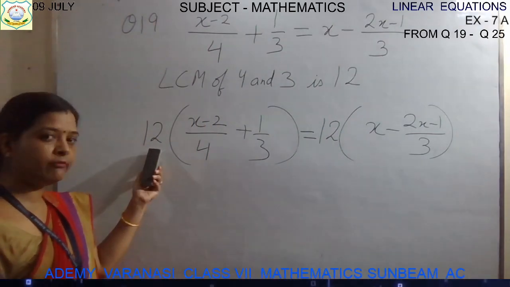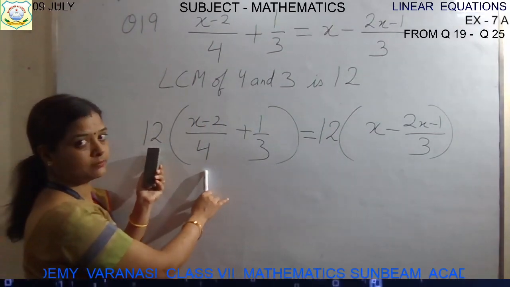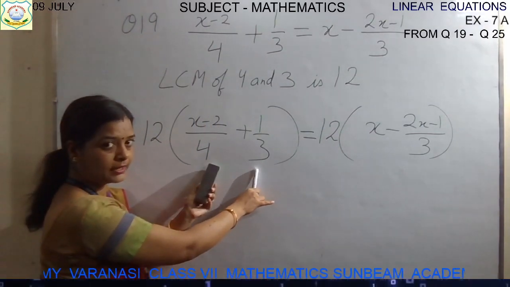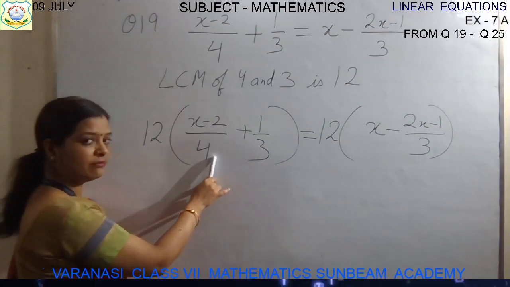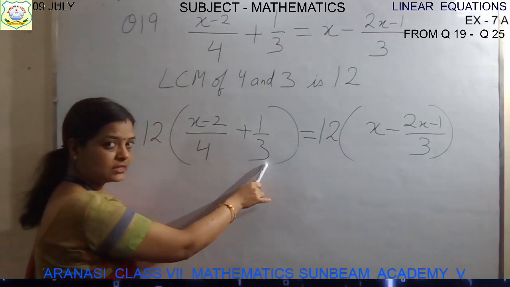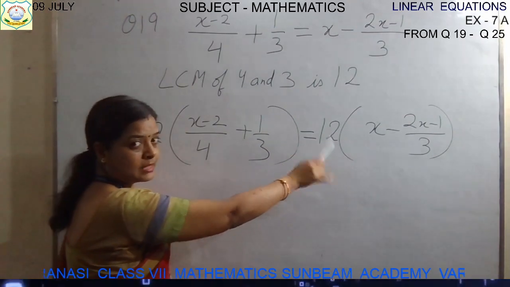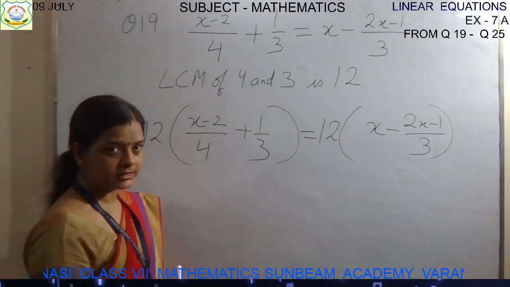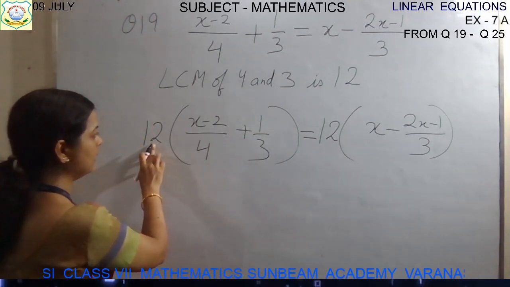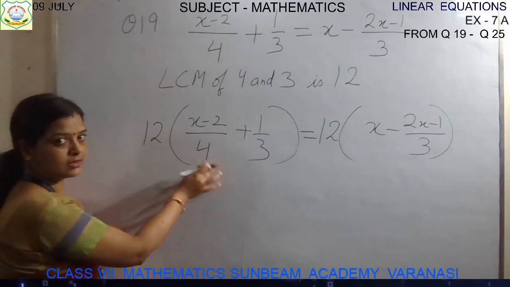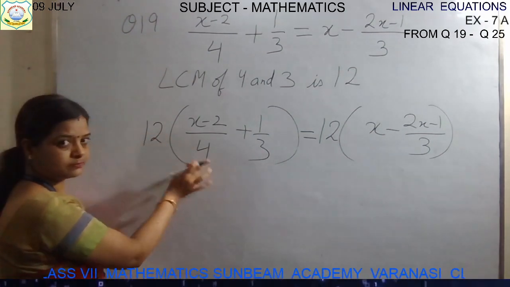Now this 12 will multiply with each of the terms. There are two terms inside the bracket, so this 12 will multiply with the first term as well as with the second term. Same case on the right hand side. No need to cut in this way, children. Never solve it like this.